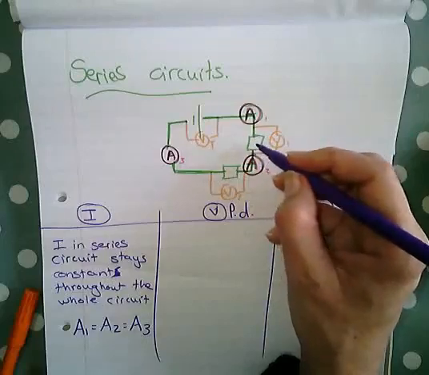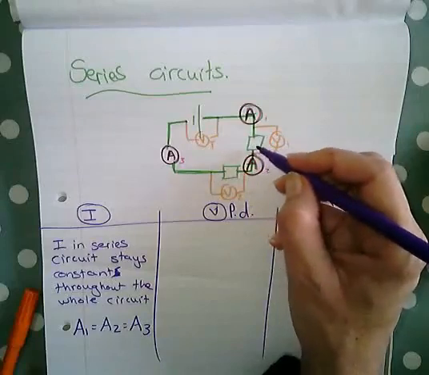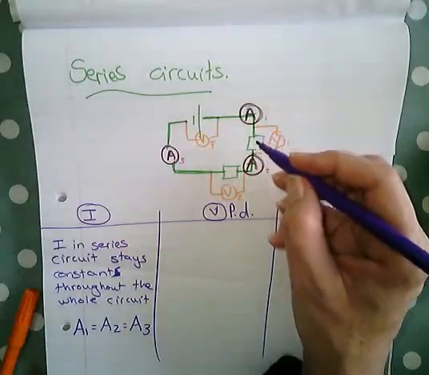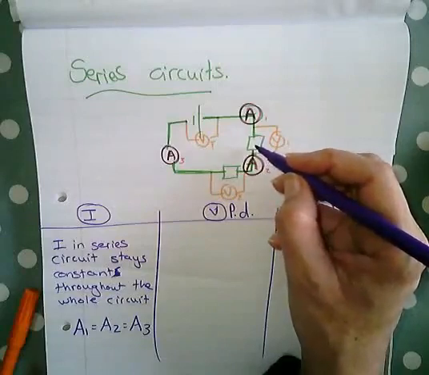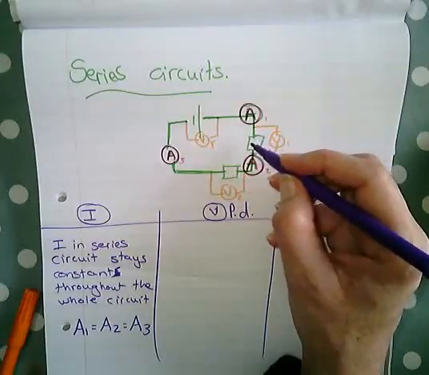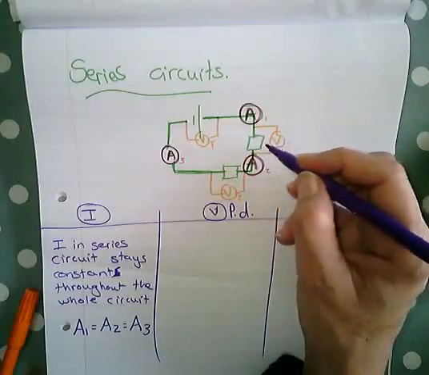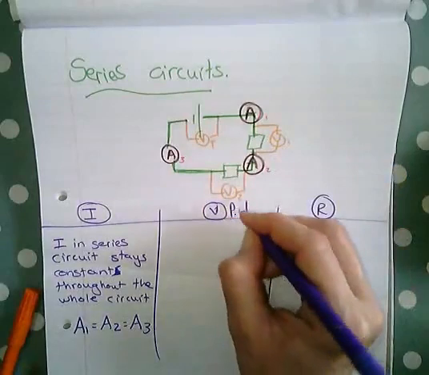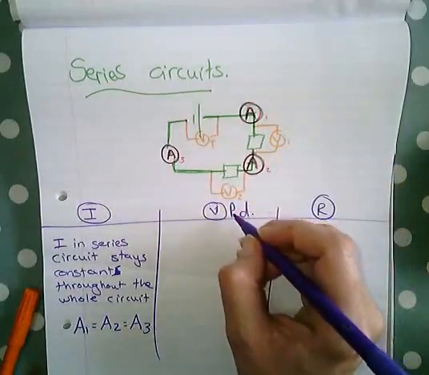If this is a heater, it's going to convert electric energy into heat energy. If this is a fan, this resistor is going to convert electric energy into kinetic energy. So potential energy means the amount of electric energy available to be converted into other forms of energy by a resistor.